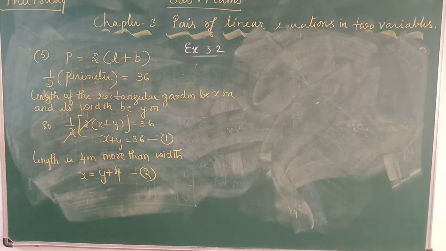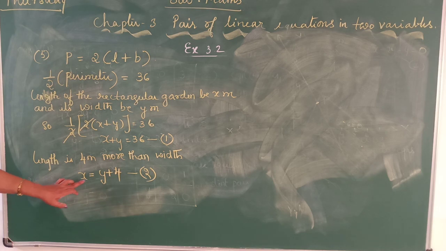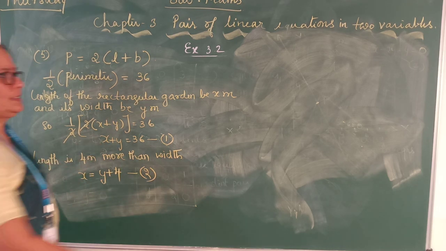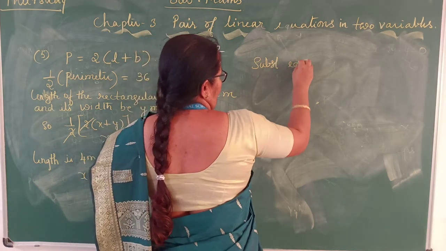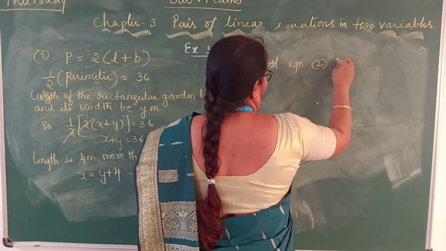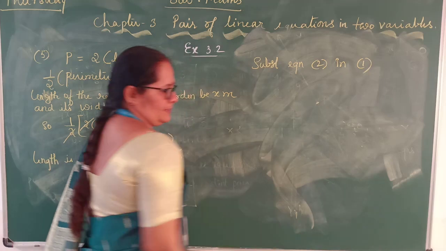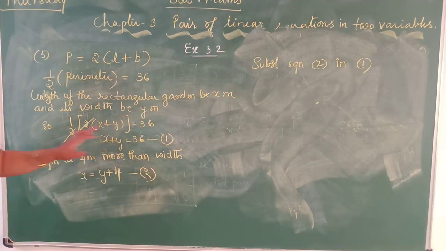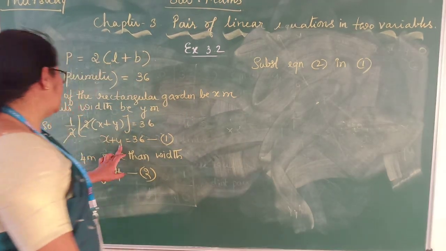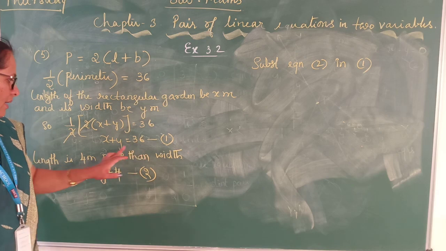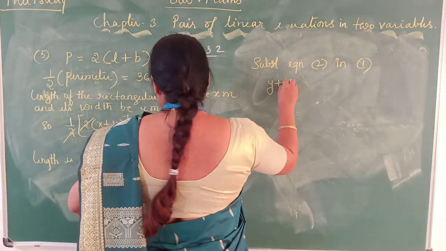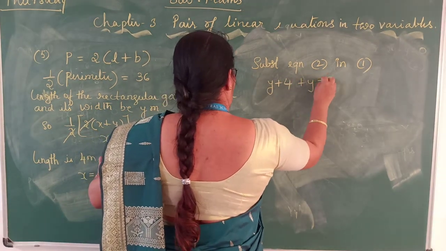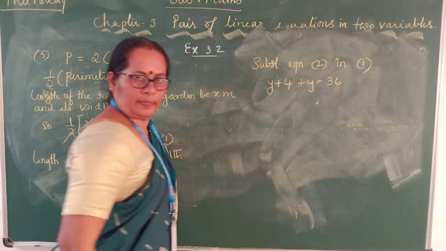Now, substitute equation 2 in 1. Substitute the second equation in the first equation. So x plus y equals 36, where x is y plus 4. So y plus 4 plus y equals 36.